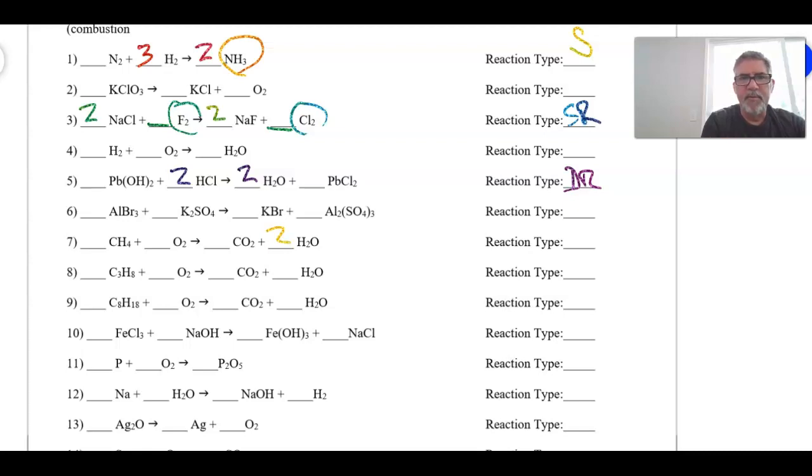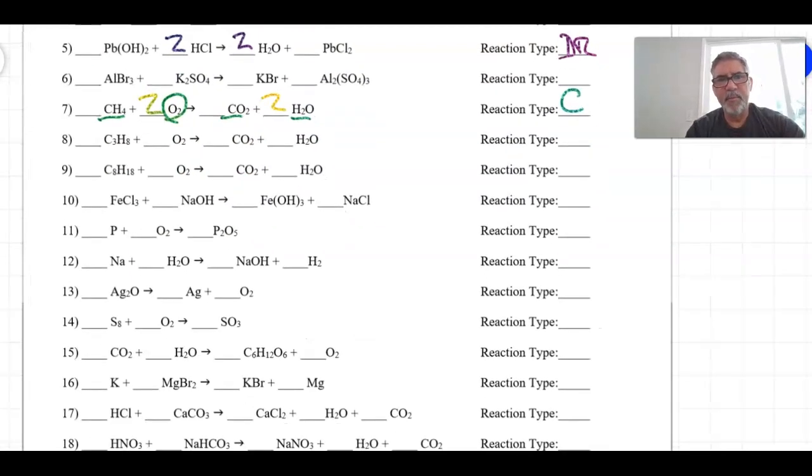Now I have 2 oxygens, and 2 more make 4, so I'll just add a 2 there. Now all mine are balanced. Remember, if I have oxygen as a reactant with a hydrocarbon and carbon dioxide and water as a product, that would be a combustion reaction. So that's how you do this. Just work on one at a time all the way down.